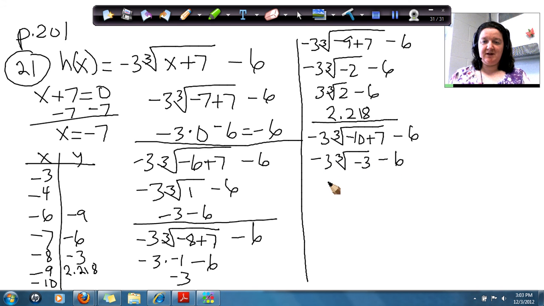So I can factor out my negative 1 and say 3 times the third root of 3, minus 6. So now let's figure out what that number is. Take the third root of 3 and multiply that by 3, and subtract 6.